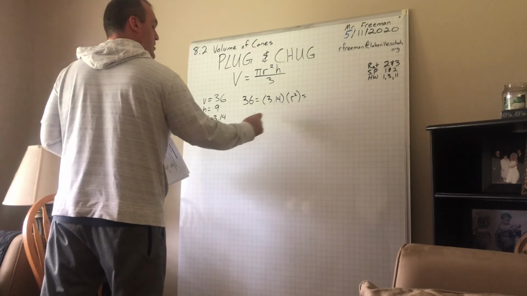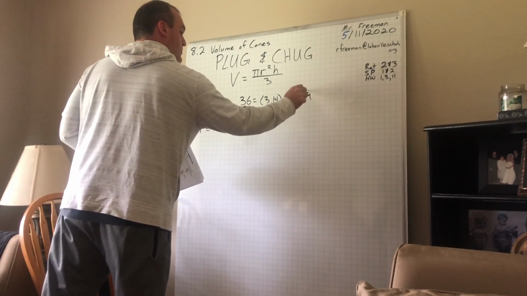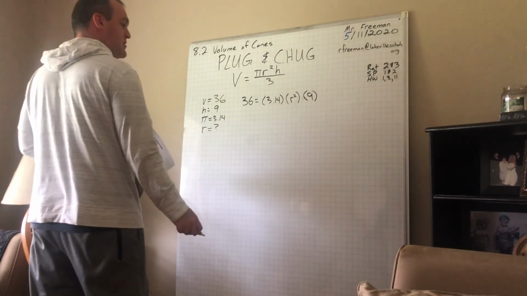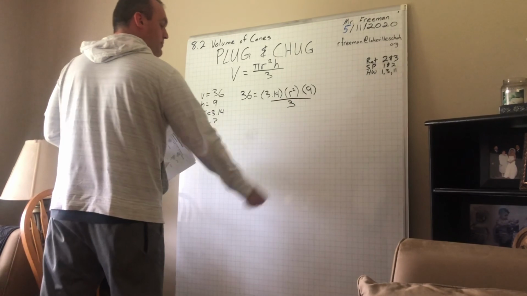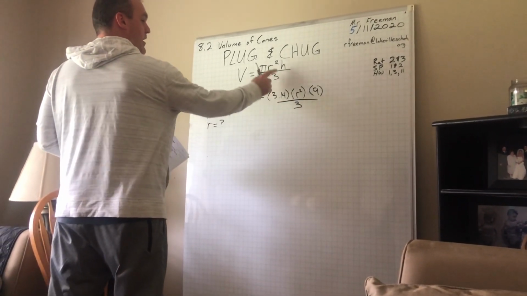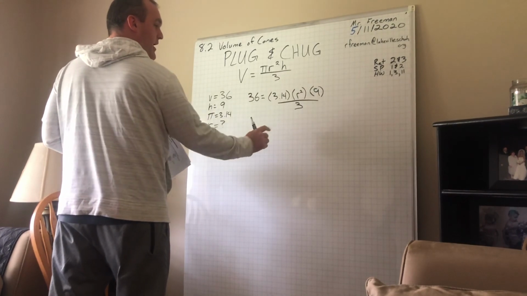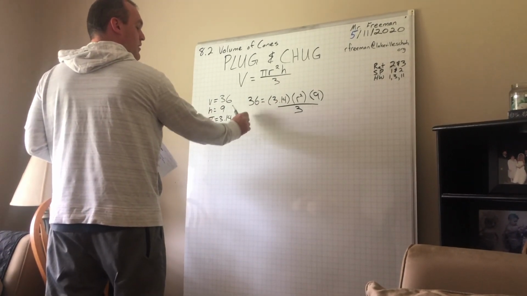And we know our h is 9. Okay, this is still all going to be divisible by 3. So this is our formula. We know pi, we don't know r squared, we know our height, and we've got to divide this by 3, and our answer should become this guy.